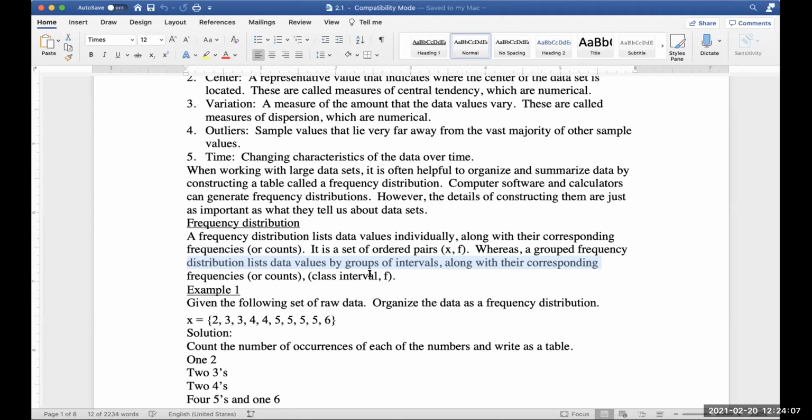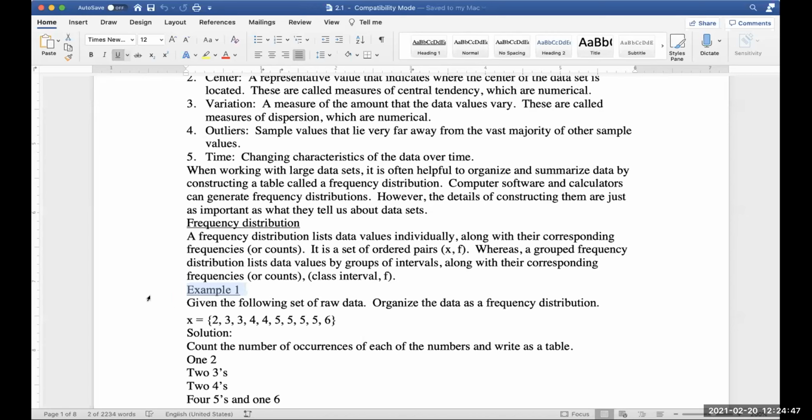So a group frequency distribution is a set of ordered pairs where we first have our class interval, which is an interval of values that the random variable can attain, and F is the corresponding frequency. Let's first look at frequency distributions. Then we'll look at group frequency distributions. So let me do an example.